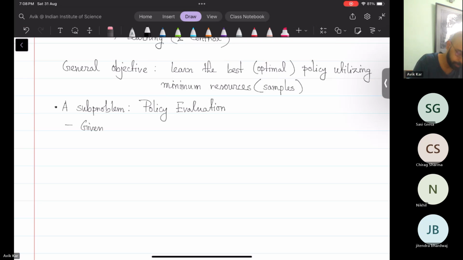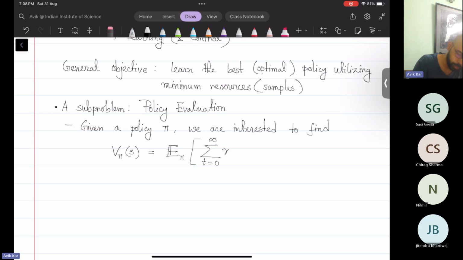Given a policy pi, we are interested in finding V pi of s, where s is the initial state, and this is defined as the expectation over policy pi of the sum of rewards from t equals 0 to infinity, gamma to the t, r of s_t, a_t, given the initial state is s.